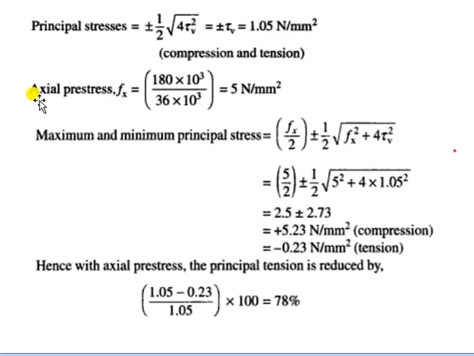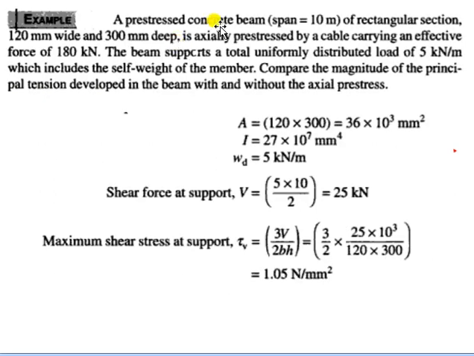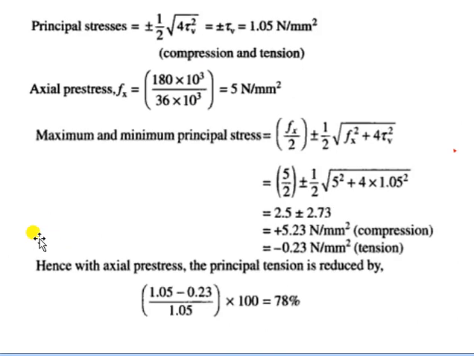Now I will calculate axial pre-stress to calculate the principal stresses developed in the member when the member is subjected to axial pre-stressing. That is the first case, to calculate the principal tension developed in the beam with axial pre-stress. Here it is given that there is a cable which is axially pre-stressed by an effective force of 180 kN.